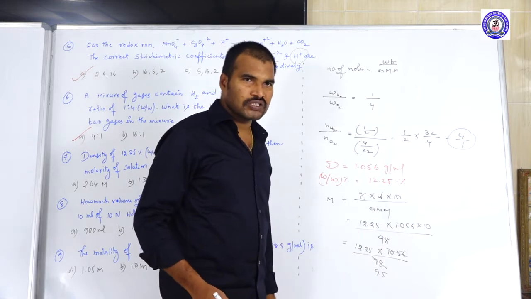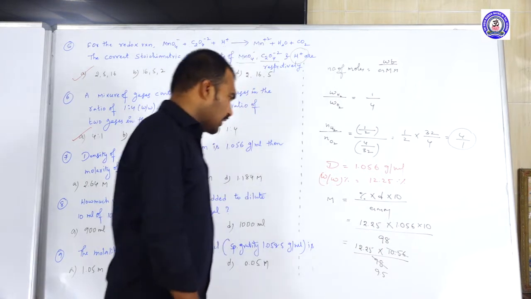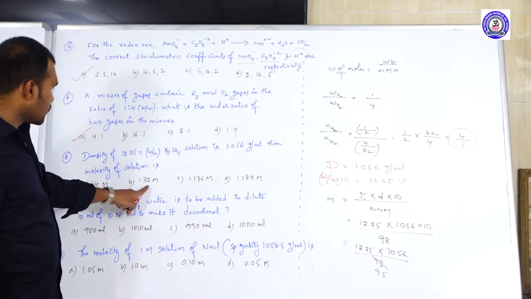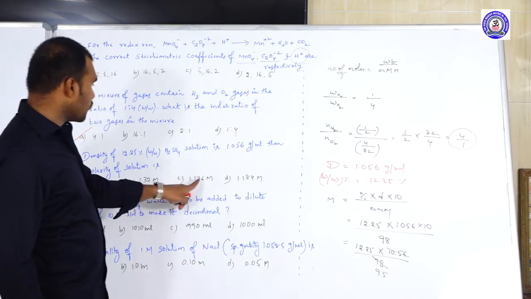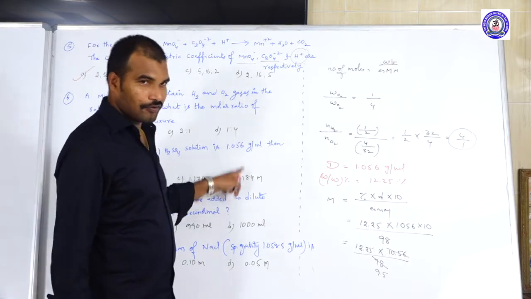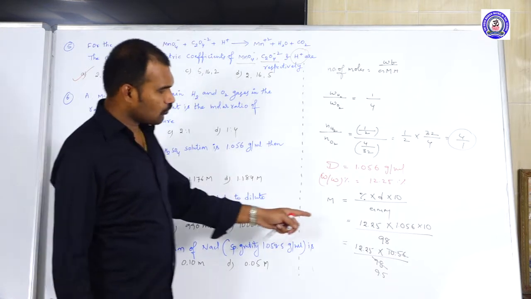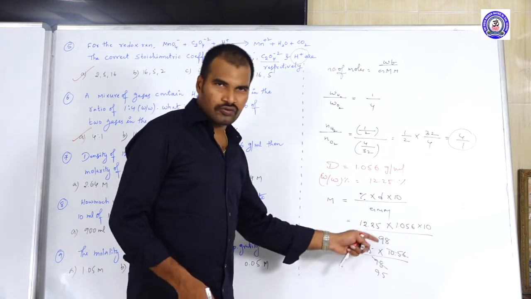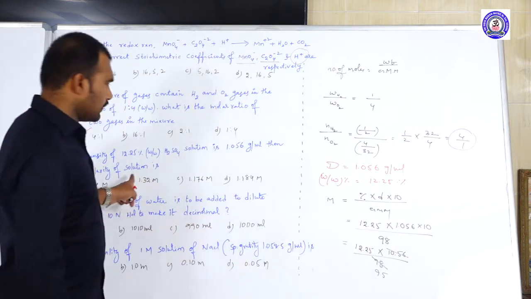So it will be approximately 1.25. Here the answer nearer to, okay, here 1.32, 1.176, 1.184 all are error values. So we need to solve this accurately. Okay, once you just go through that, you can get the answer.